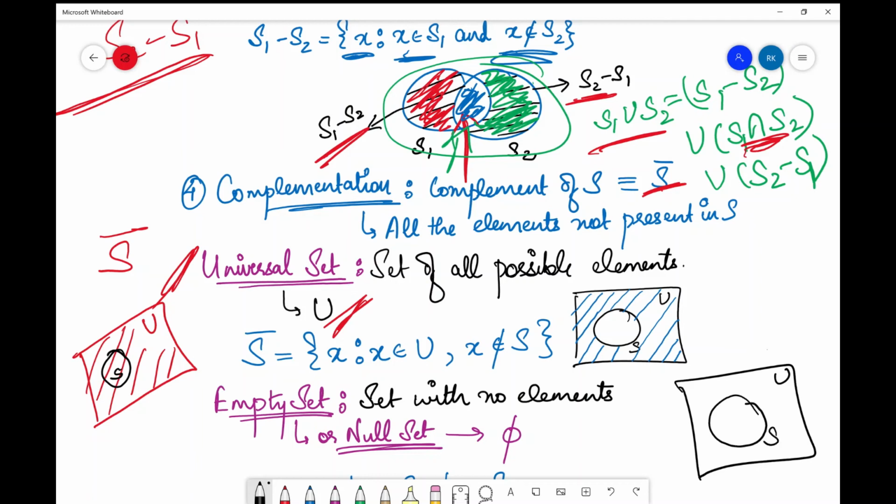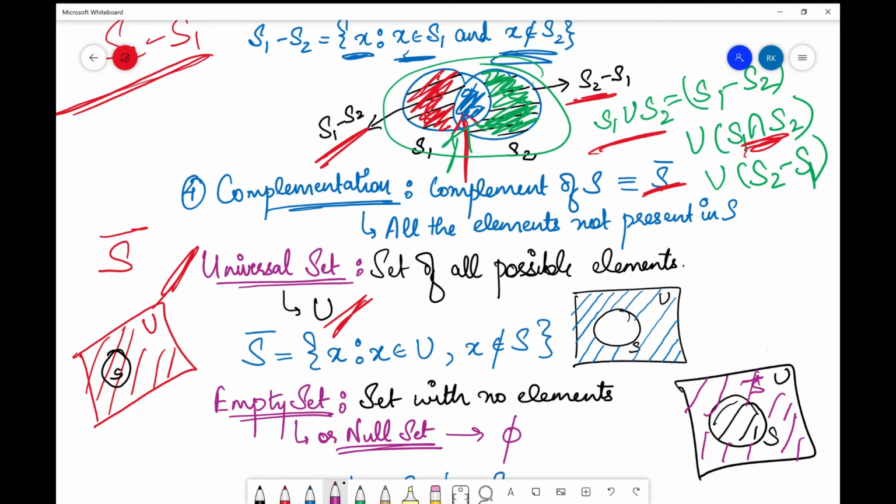And when I have to write now S complement, if I say S, then this is the shaded portion which is S. If I say S complement, then let me draw it with a different color. This is S complement. So everything which is outside S is S complement. Okay, everything which is outside S is S complement.